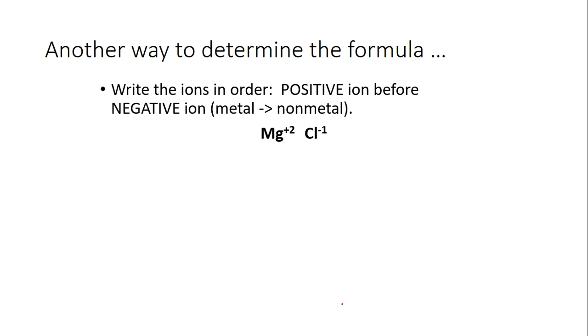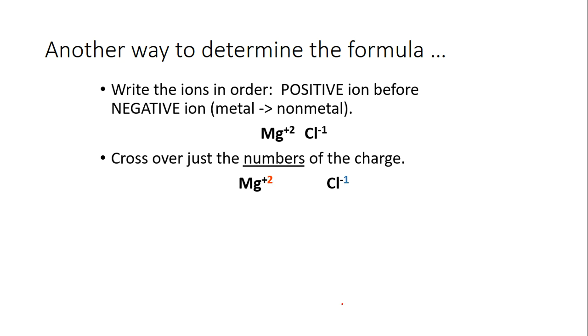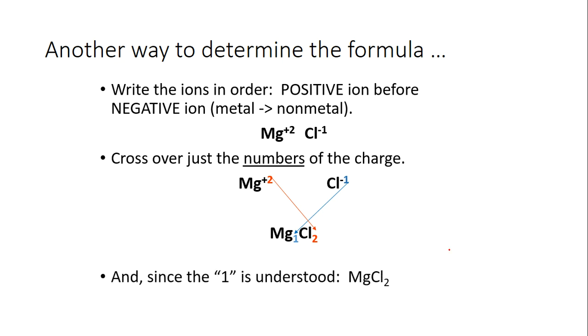All right, now another way to do this is this crossing thing. I dislike this, but if it's midnight and the test is tomorrow, this does work. So you just put the charges down for each thing involved, and then you crisscross them so that the charge for magnesium becomes the number of atoms of chlorine you need, and the charge for chlorine becomes the number of atoms for magnesium you need. This has a lot of issues.